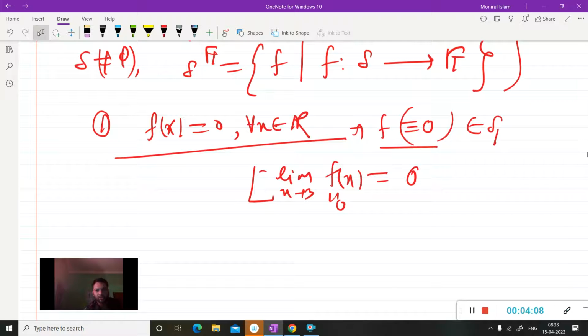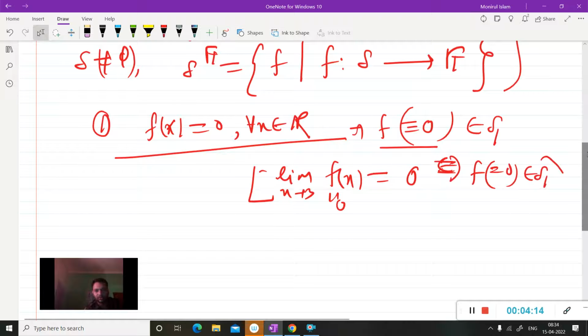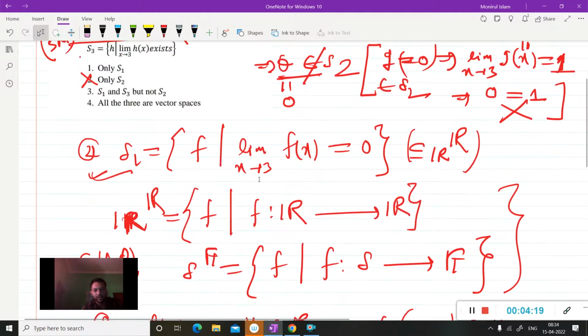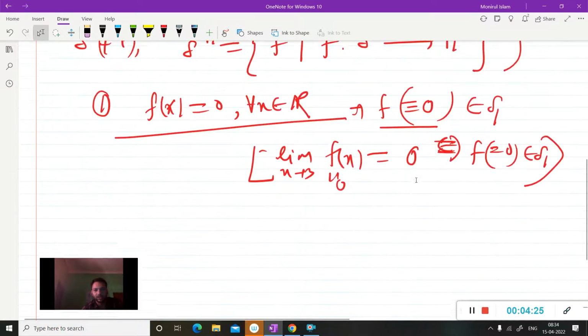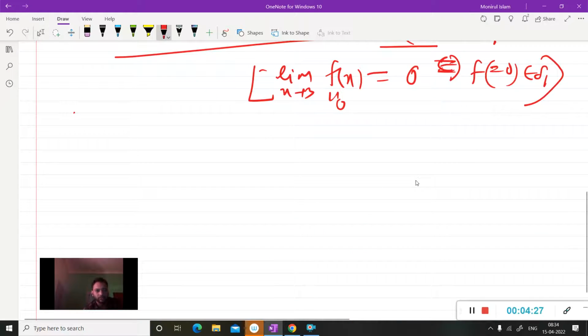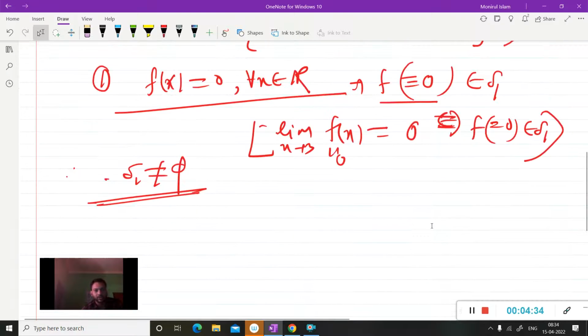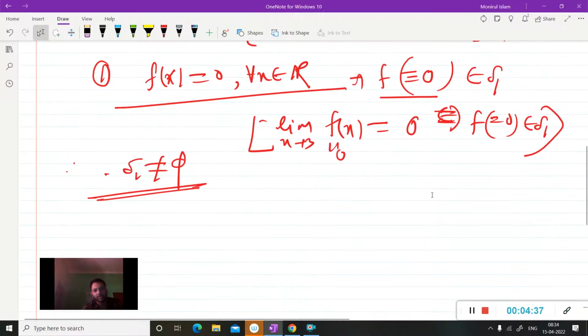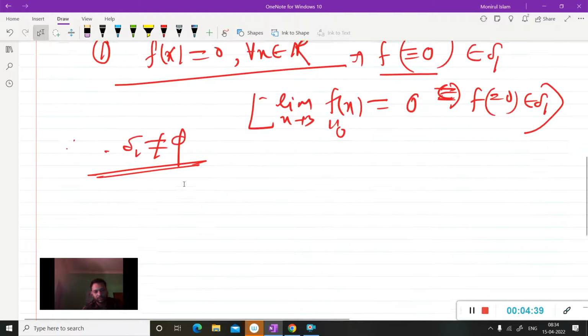So the zero function belongs to S1, and since the zero function belongs to S1, S1 is non-empty. The first step is done, and I have done this.